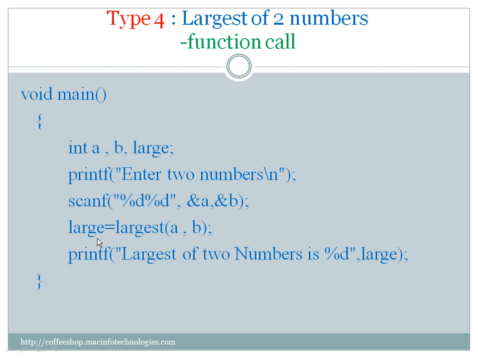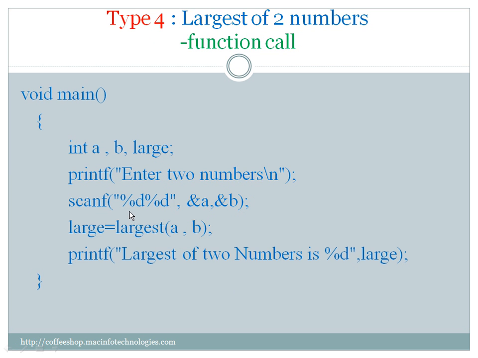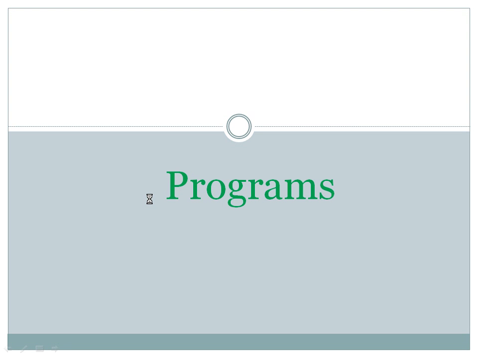Once this function is completed, the control comes back to the main function, and the variables in the function will be lost. For example, m, n and large. These contain some value when we calculate, but once this function is complete, these values are lost, and the return value is passed back. Only the return value comes back to the calling function.